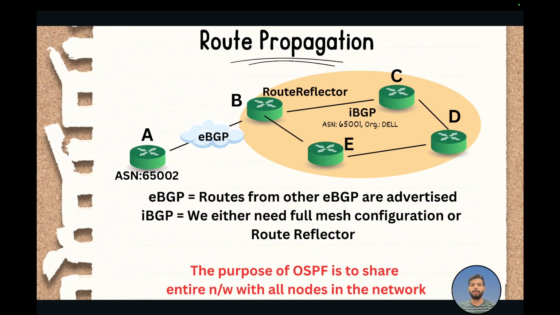But if we have an iBGP neighborship between two devices, we either need a full mesh configuration of all the devices to share all the routes, or we need a route reflector to reflect the routes learned from another eBGP neighbor or another iBGP neighbor. So let's say in this ASN 65001 we have iBGP running; routes that are learned from C by B will not be directly advertised by B to E.